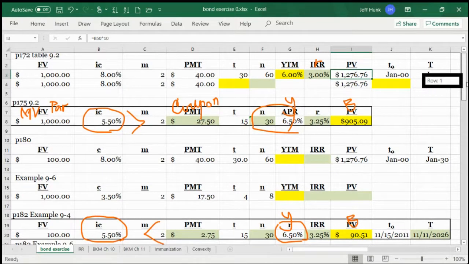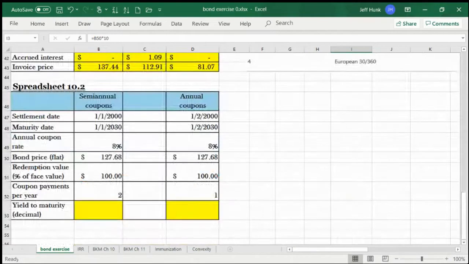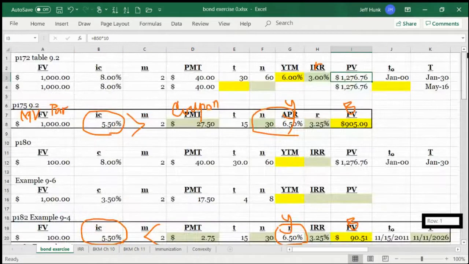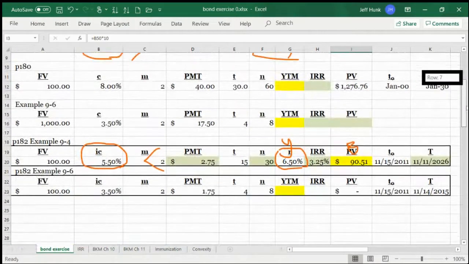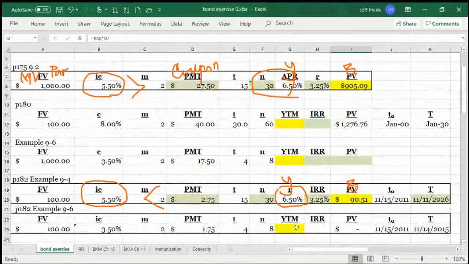Now finally, let's do this. We can do this by using the yield function in this example. But to use the yield function, everything has to be expressed as a percentage of the par value.